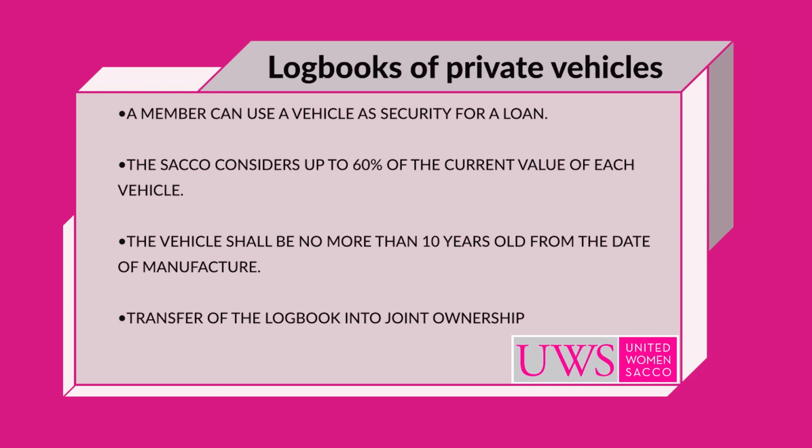So you'll have an original signed vehicle logbook in your name, KRA blank vehicle transfer form, duly signed to effect the change of ownership in the joint names of yourself and United Women's Circle. Then you'll have a valuation certificate from the Circle recommended valuer and a photo of the vehicle.